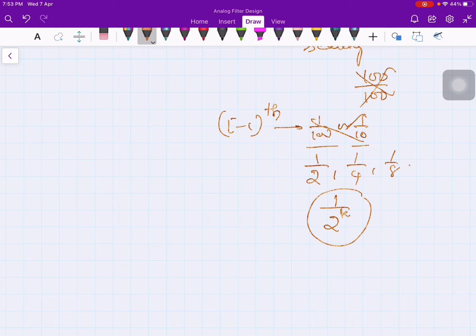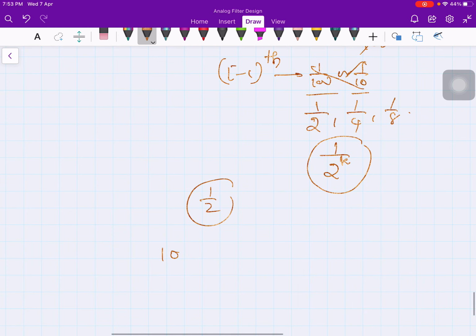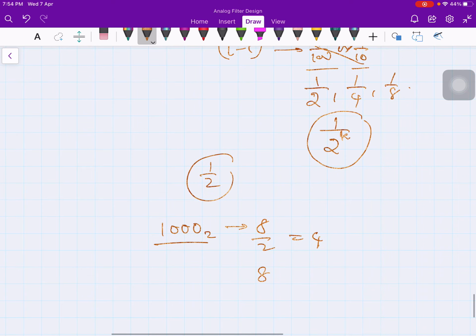So you can divide by 2. This 1 by 2 is not a multiplier, only a shift. For example, take 1 0 0. In binary, this is equal to 8 in decimal. Now if I want to divide by 2, the result is 4, since 8 by 2 is 4. How will you obtain this 4 from here?